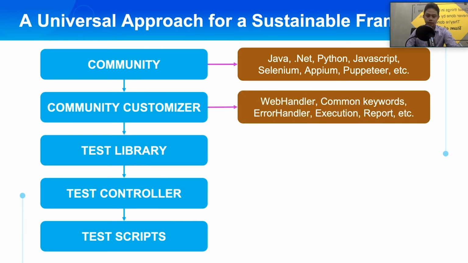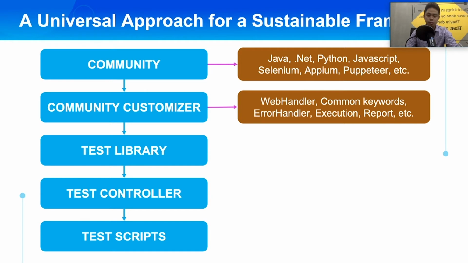Next, in the community customizer, it is time for you to build a layer on top of the community, like a wrapper. The purpose is to hide the complexity of the community layer and provide the flexibility to adapt when the community layer changes. This is also the layer where you build the core, basic activities of automation testing, so that you build a web handler to handle all the control of the browser.